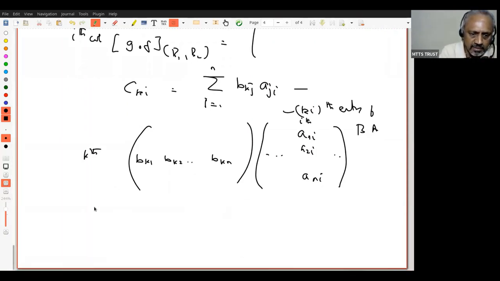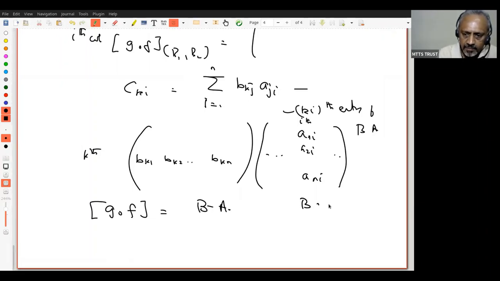Therefore, the matrix of g composed f is the product of the matrices B times A, where B is (b_jk), the matrix of g with respect to the bases B2, B3, and A is the matrix of f with respect to B1, B2.